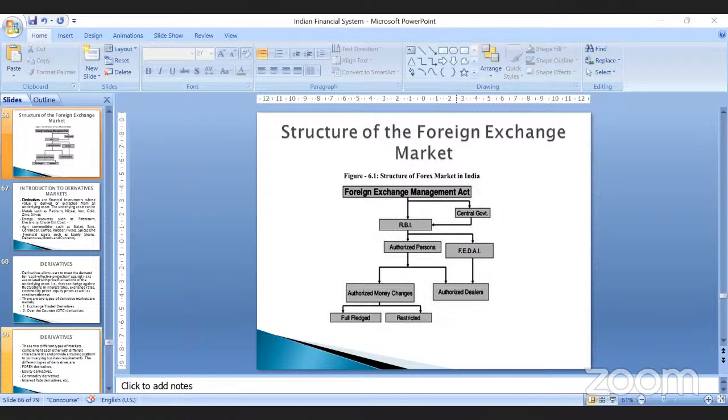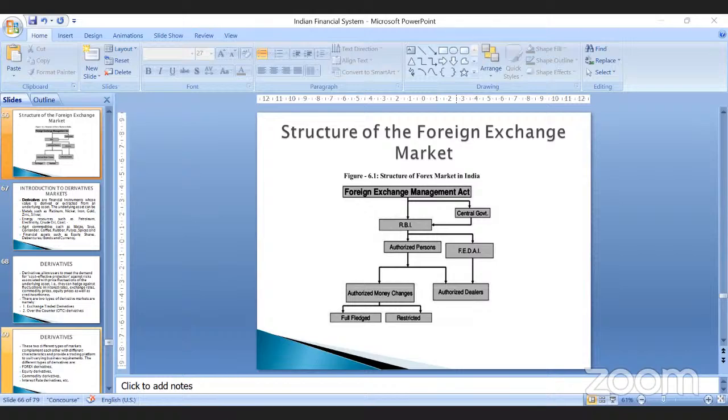Now, how can you get this authorized dealership? There are three categories. Category 1 is banks, like commercial banks, private sector banks, public sector banks, and foreign banks. Category 2 comprises regional rural banks and cooperative banks.